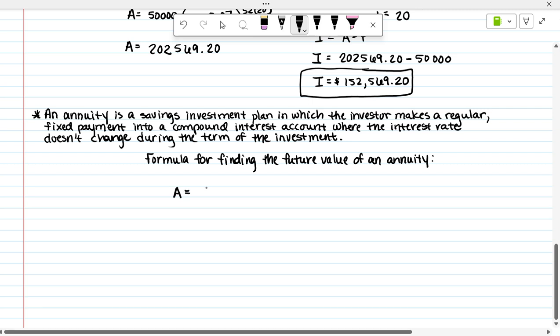A equals capital R, multiplied by 1 plus our normal lowercase r over n, all to the nt, minus 1, and that's all over r over n.